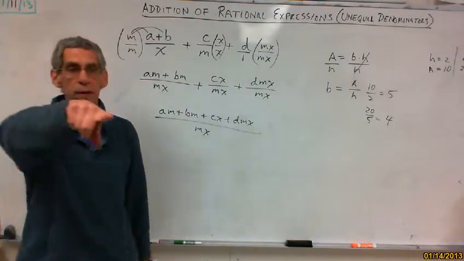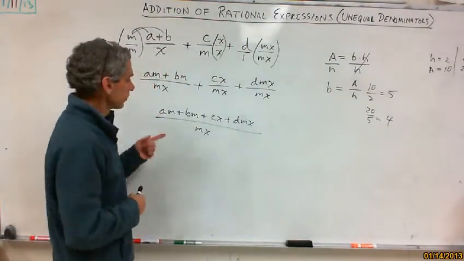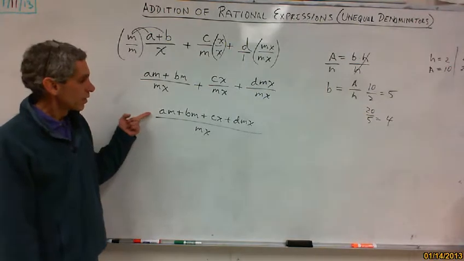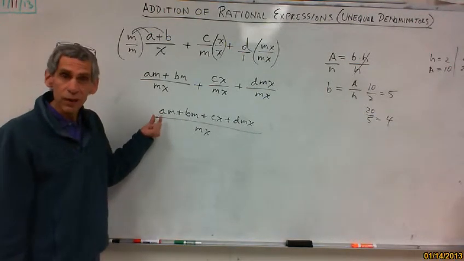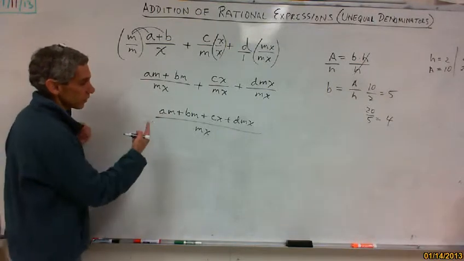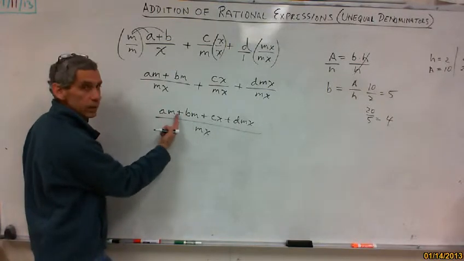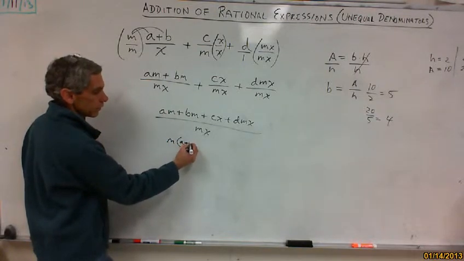Yes? So, would you be able to simplify the top lines? No. Not really, because if they were numbers, it'd be easier. I could say m is in both of these, so I could say m and then a plus b.